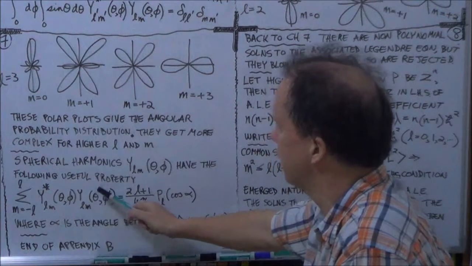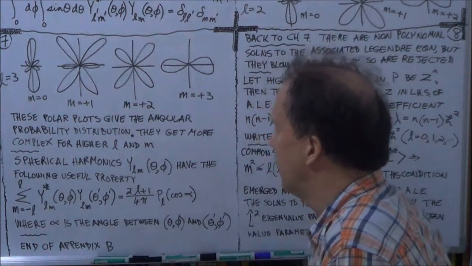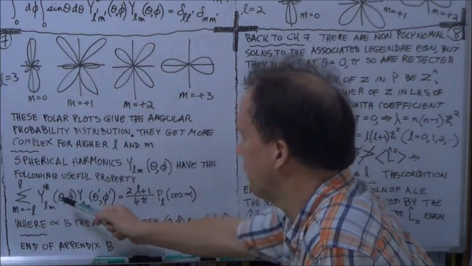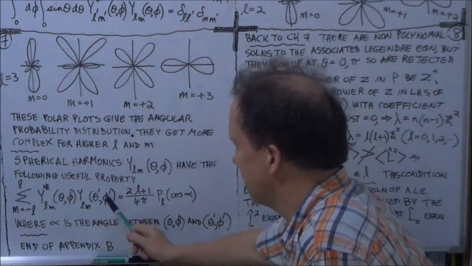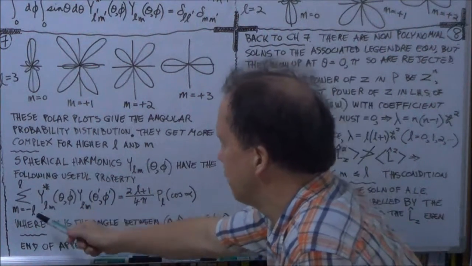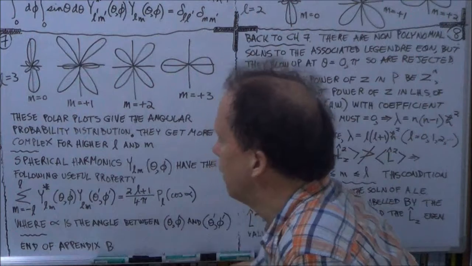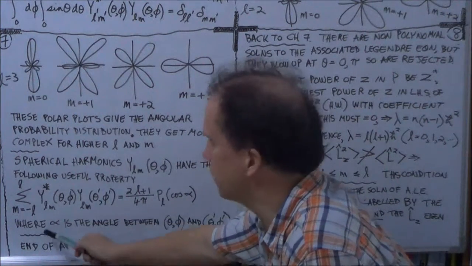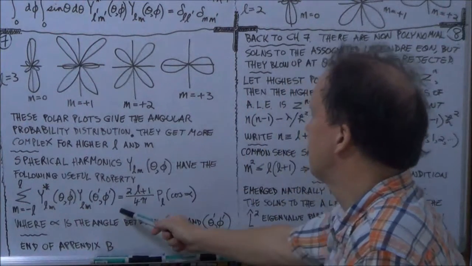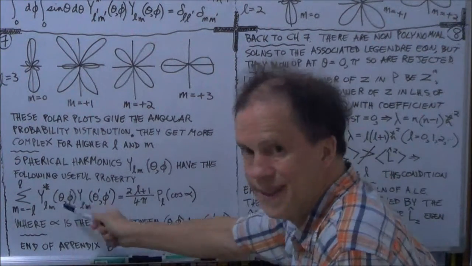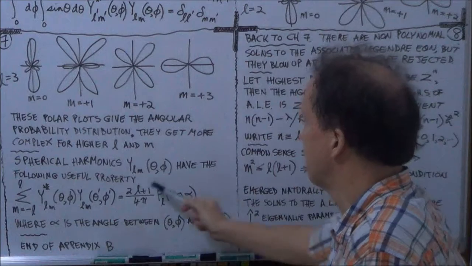In this case, theta dashed and phi dashed. You can multiply those two spherical harmonics with different angles, and sum them over M, over the whole range of M, which ranges from minus L to L, these integers, and the result is that the sum is equal to this expression here.